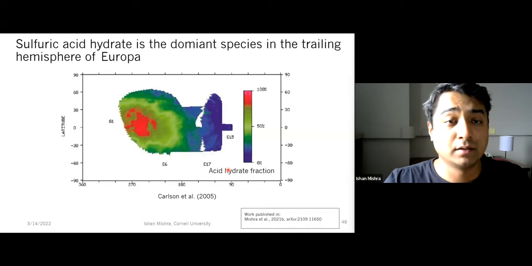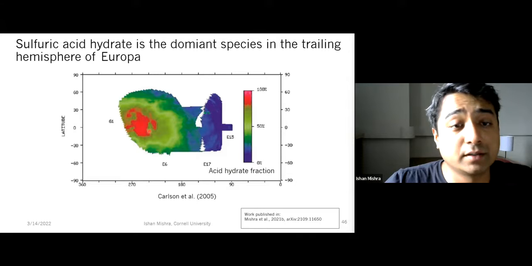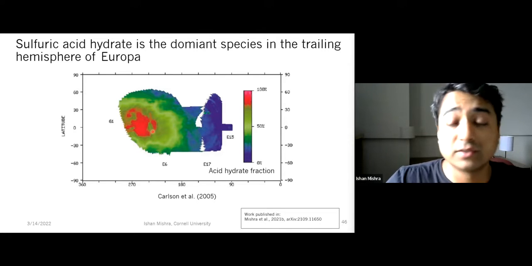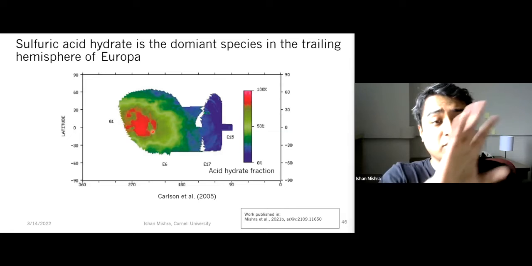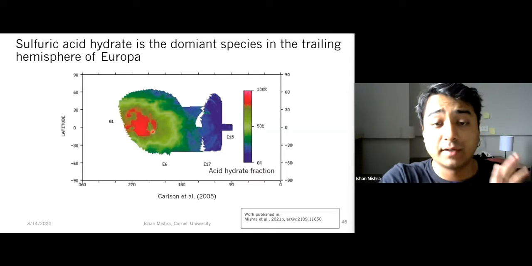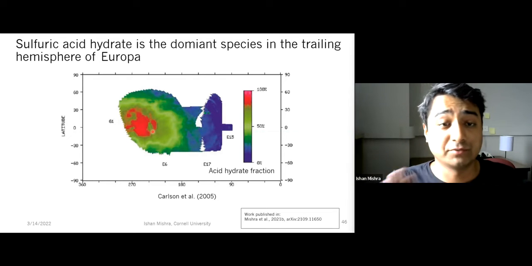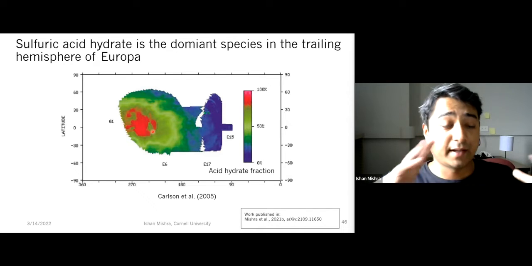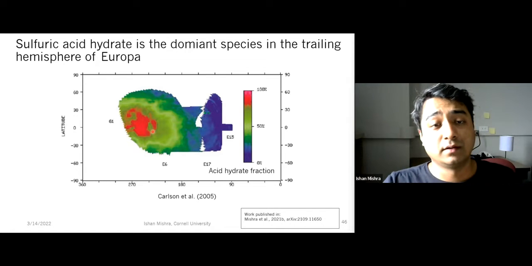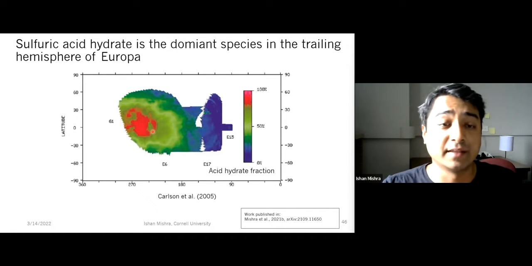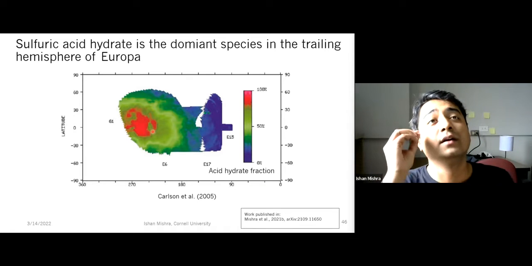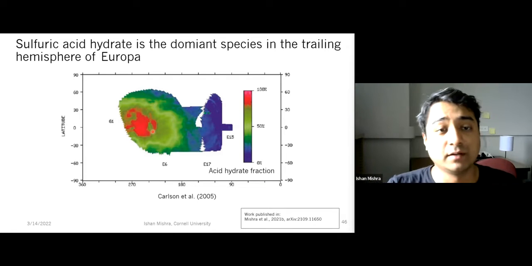And it showed that the trailing hemisphere is predominated by acid hydrate, and also that the regions of domination correlated well with the discolored parts of Europa, the parts that are exogenically or radiationally damaged. And that again tied well to where you would expect sulfur particles to be bombarding.